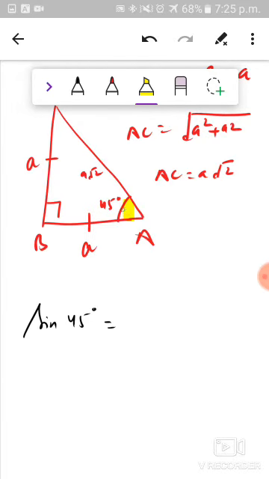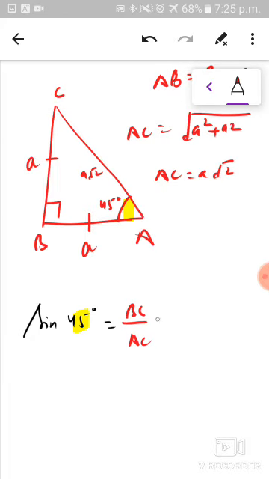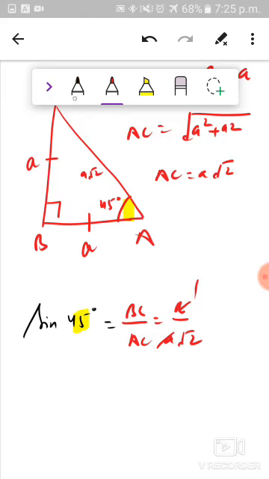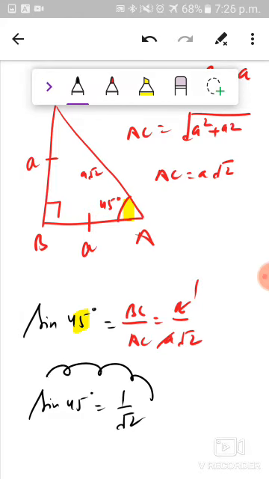So the side opposite to angle A is BC side. And what is the hypotenuse? That is AC. How much is BC? BC is a and AC is a root 2. So a cancels by a, so we will get sine 45 degree is equal to 1 by root 2. So the value of sine 45 degree is 1 by root 2.